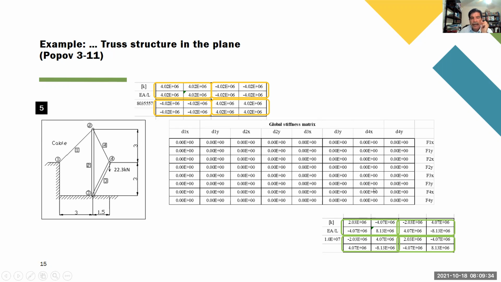Why? Because what we do is add these values to the corresponding position in the global matrix. If you start with values different than zero and you add, then the result includes some error. So before adding, we have to fill this with zeros. Then we recognize that element one connects joints one and two.